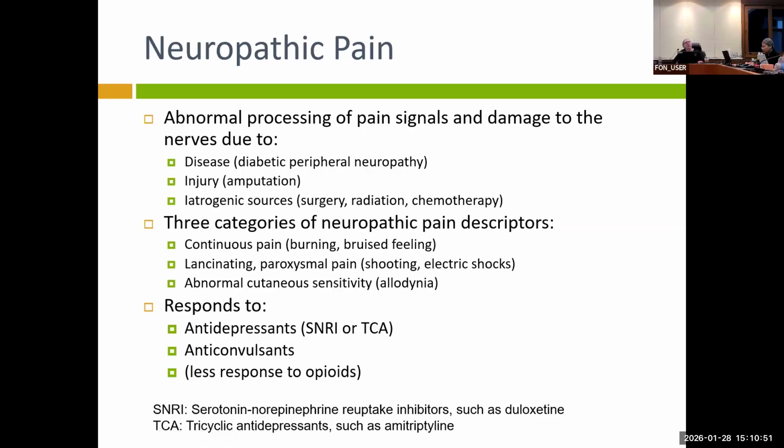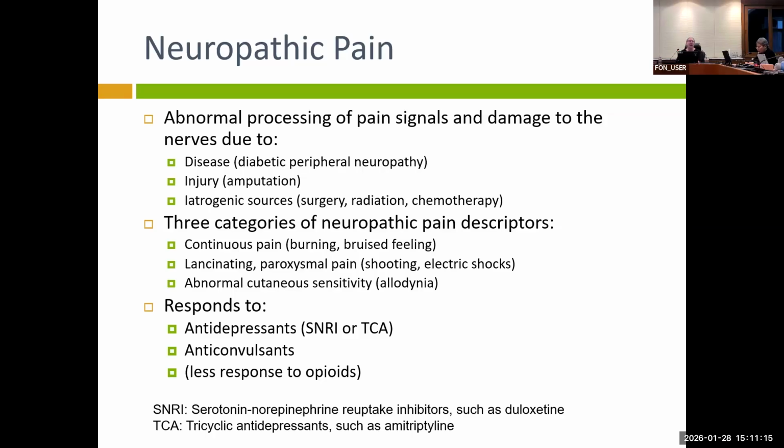Let's talk about neuropathic pain. Our last presentation really focused, as you saw, on musculoskeletal pain. But now with oncology, neuropathic pain is something we have to deal with much more often, and often related to the treatment, from chemotherapy-induced peripheral neuropathy.